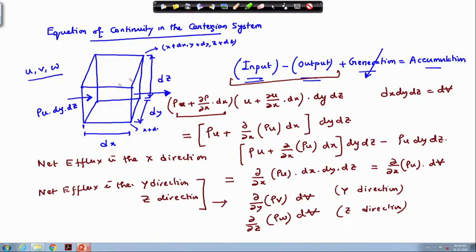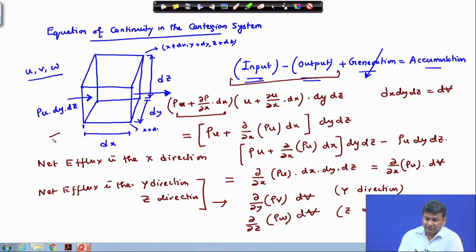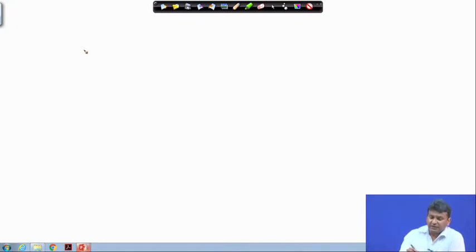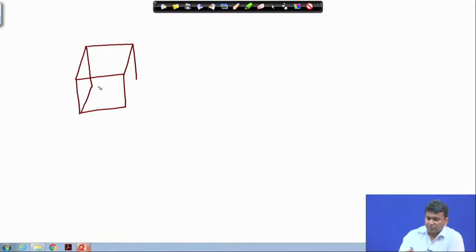So, I will take the same control volume that I have taken in the context of discussing the conservation of mass, so that everybody is conversant with what I am using. So, this is again the same control volume, right. We have this dx, this is going to be dy, and this is going to be dz.